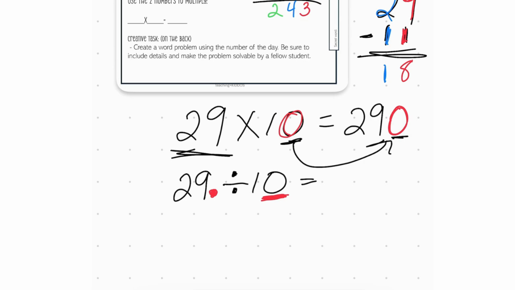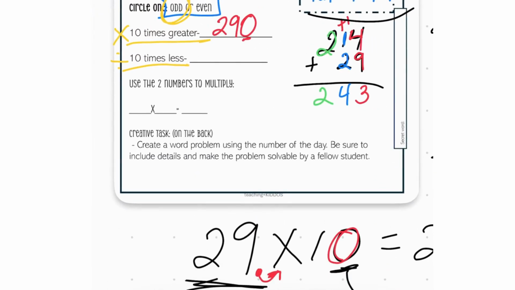There's one, so we're only moving it once to the left. Where on this one we moved the decimal point once to the right and then added a 0, this time we're moving the decimal point once to the left because there's only 1 zero. So our new number would be 2.9, or 2 and 9/10. So 10 times less than 29 would be 2.9.